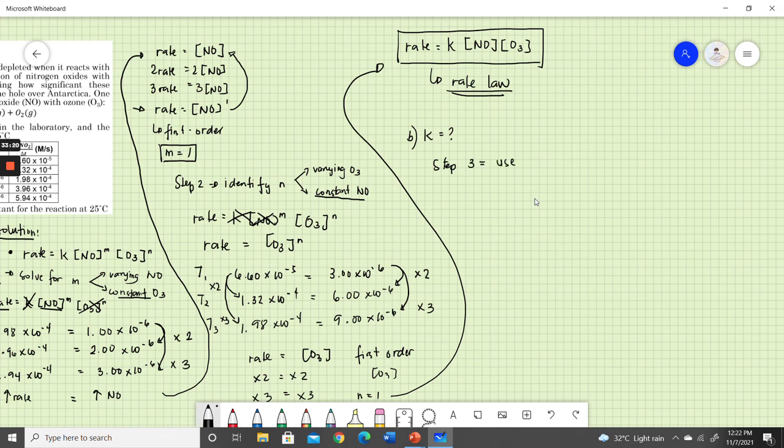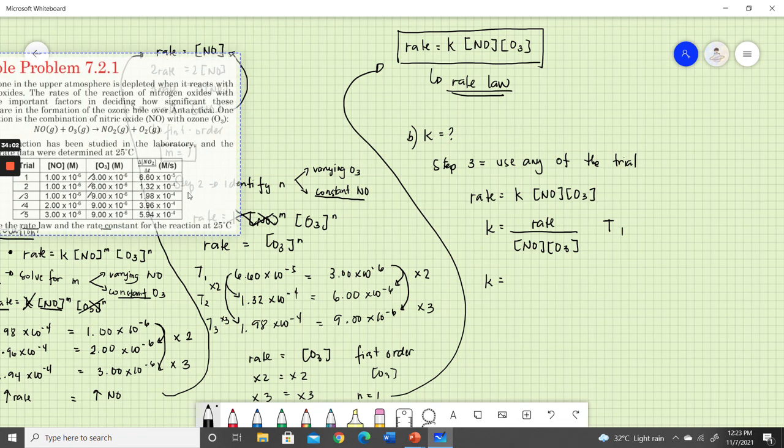As for step 3, use any of the trials and then just substitute the numbers into your rate law. So you have rate is equal to K times NO and O3. So K is actually equal to the rate divided by NO and O3. So let's say we substitute trial 1. You can choose any trial you want, and I just use trial 1.